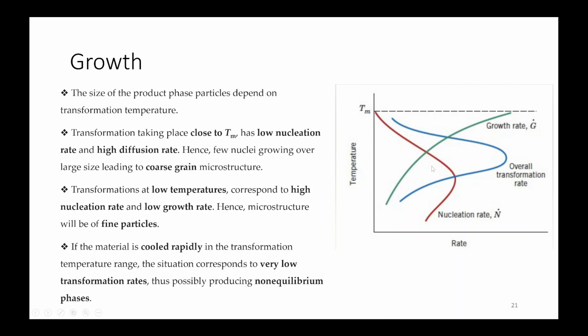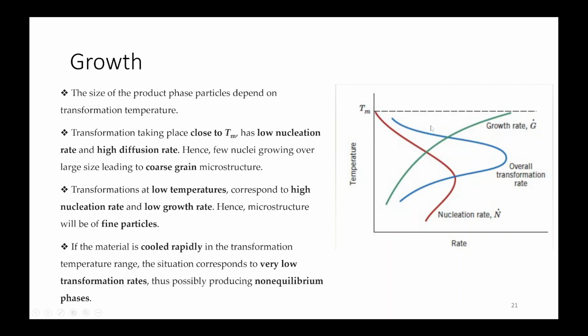Now this is how your overall transformation will take place. So growth will keep on reducing while nucleation attains some maxima at certain supercooling, undercooling, and the addition of both of these rates will give you overall transformation rate.